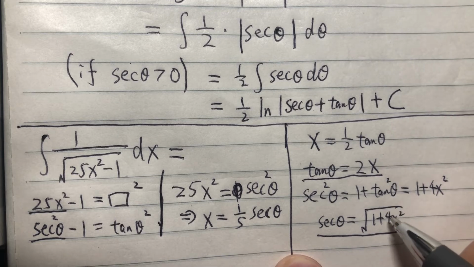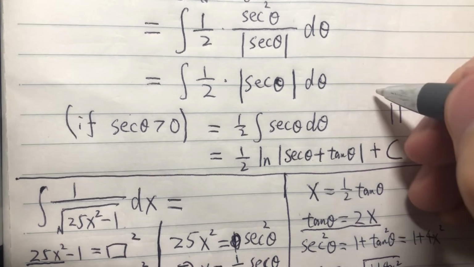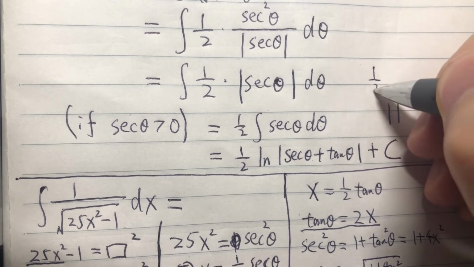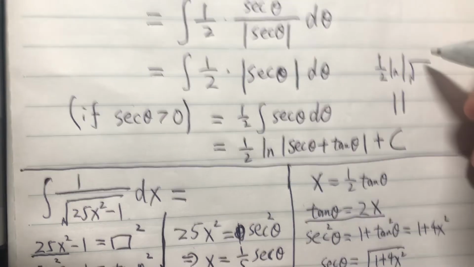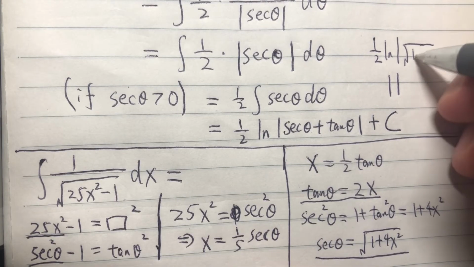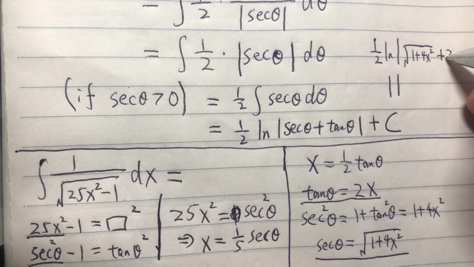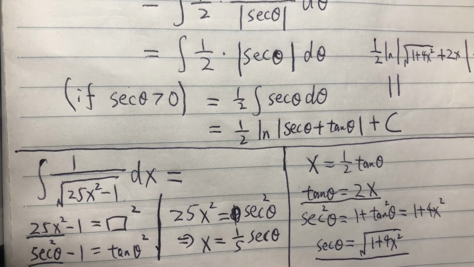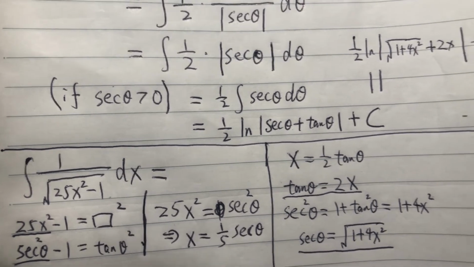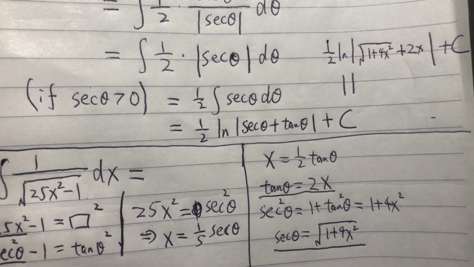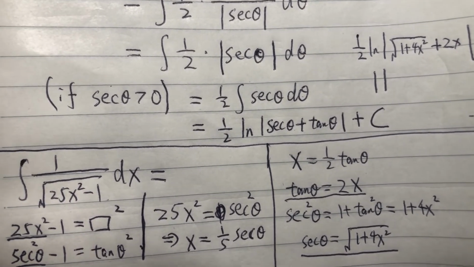We plug these two back here. So the final solution should be 1/2 ln of the square root of 1 plus 4x squared plus 2x, plus c. This one should be the solution. We need the original variable.